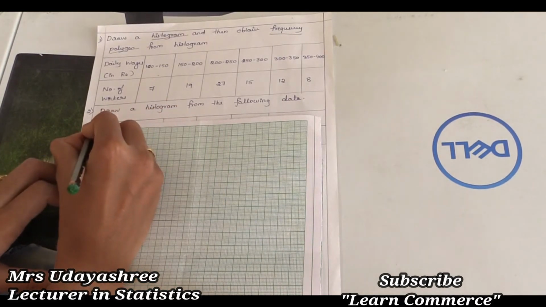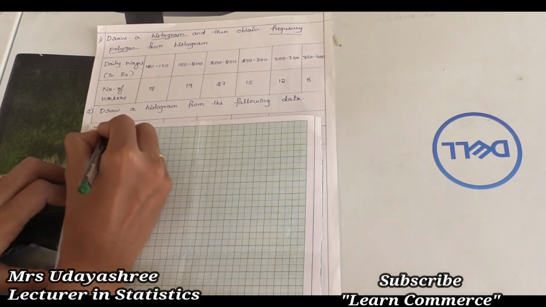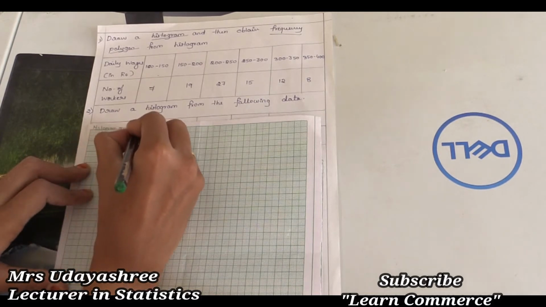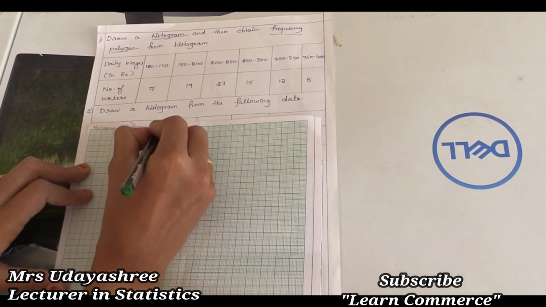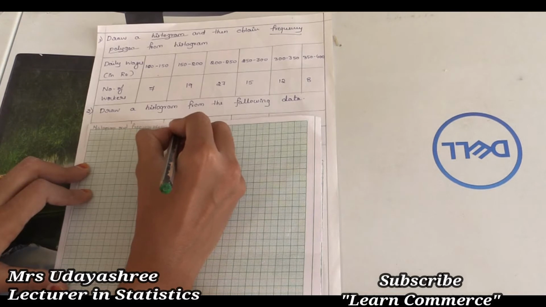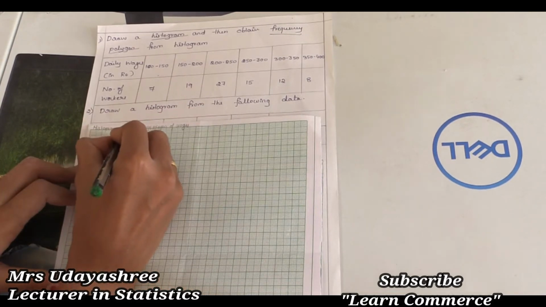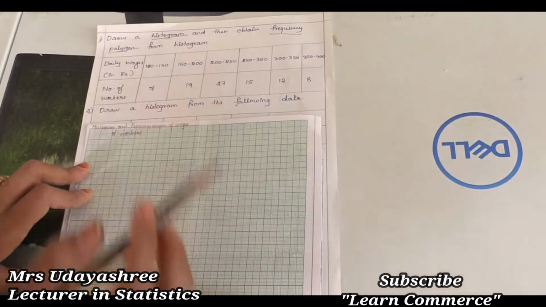I will write that title here: histogram and frequency polygon of wages of workers. This is a suitable title for this question.